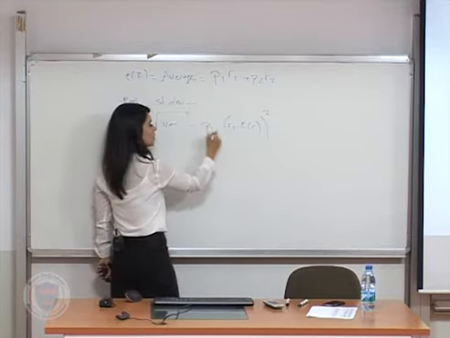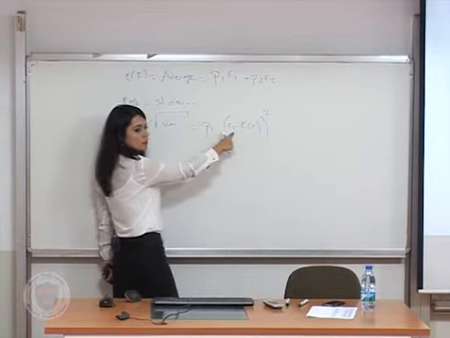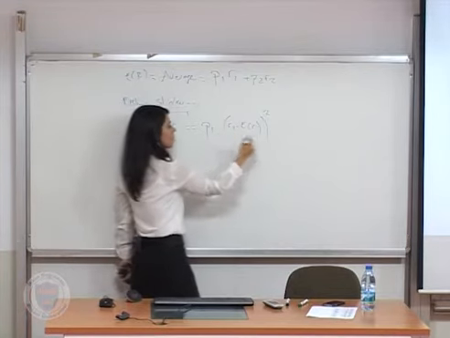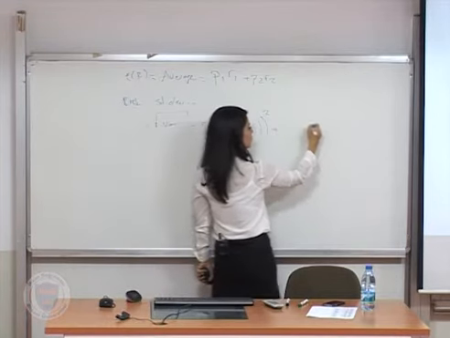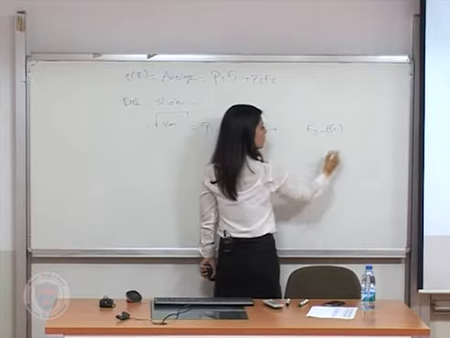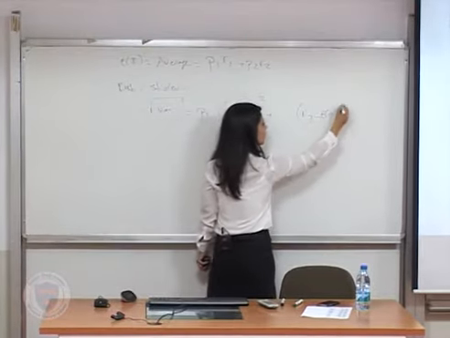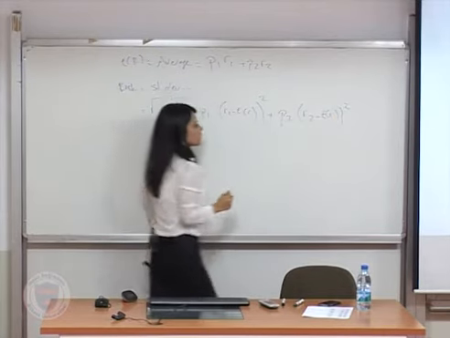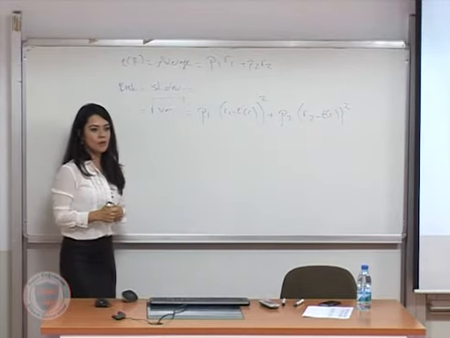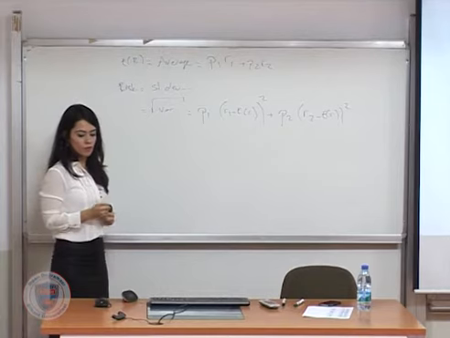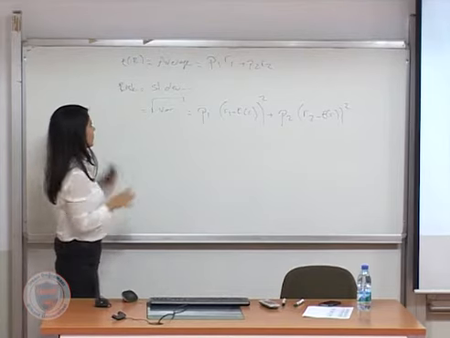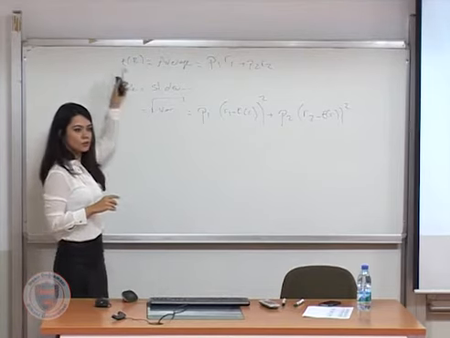We're going to multiply it with the probability of having the return 1, plus we're going to look at how far we are from the expected return for the second return. We're going to take the square of it, and then we're going to multiply it with the probability of having the second return. So this is going to be our risk and return calculation.